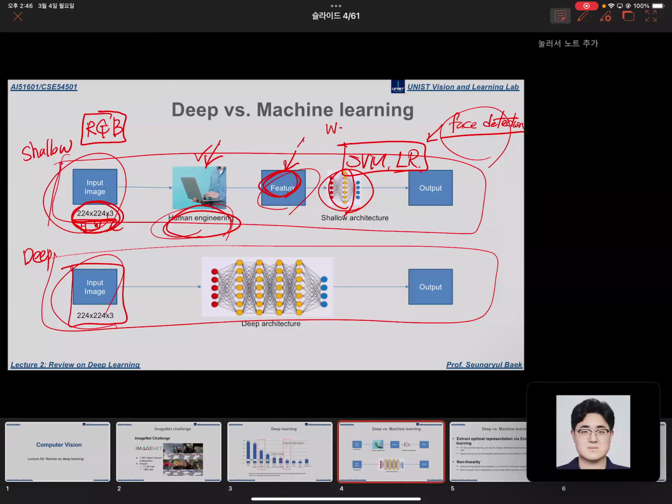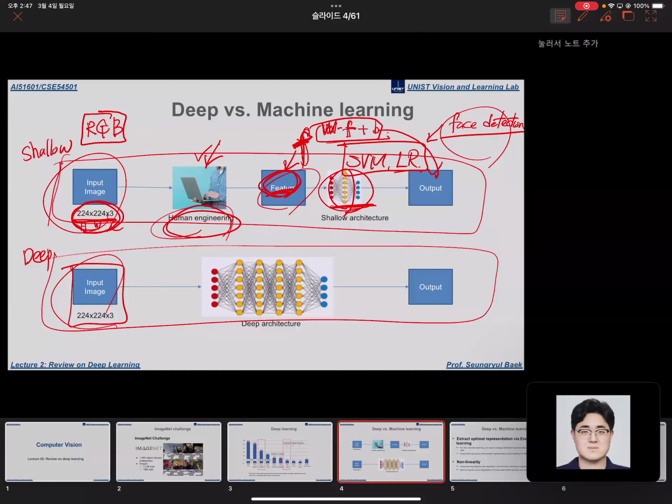Let's denote this feature vector as f. Then the thing we do in a shallow learning algorithm is multiplying some weight to the feature vector and adding some bias. Okay, this happens here, and we will get some output value.